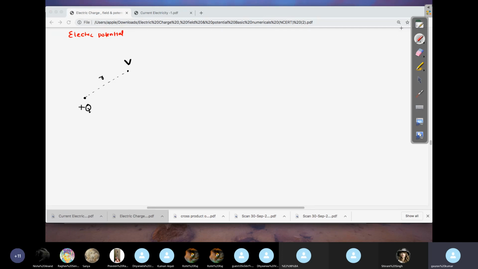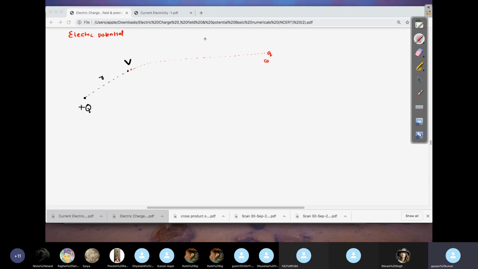See, what we do in this case is bring a charge q from infinity, in a quasi-static manner, to this point.